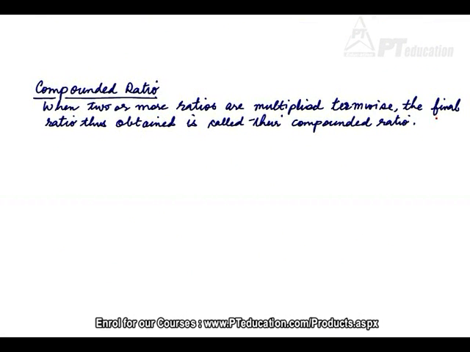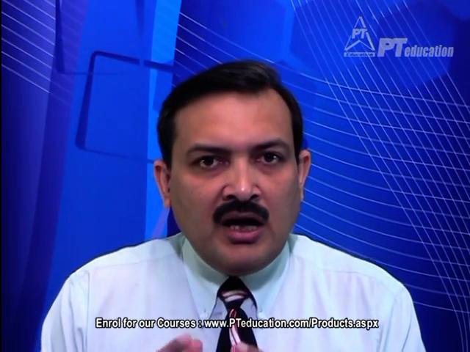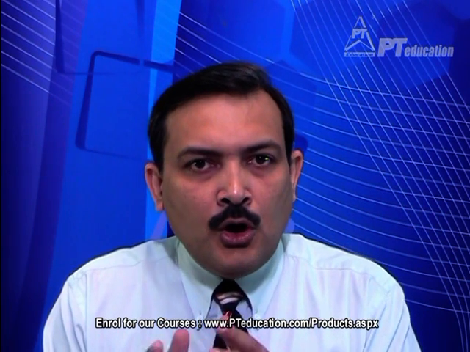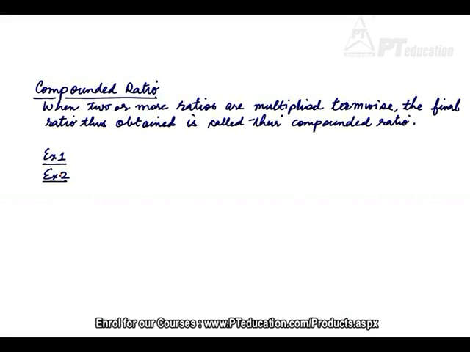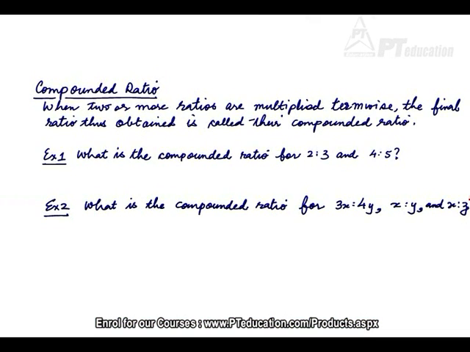What is the definition of a compounded ratio? When two or more than two ratios are multiplied term-wise, then the final result is called a compounded ratio of the given ratios. Let us take two examples to understand compounded ratios.